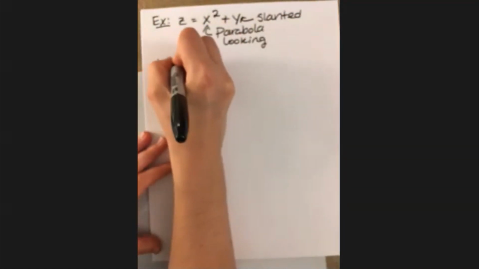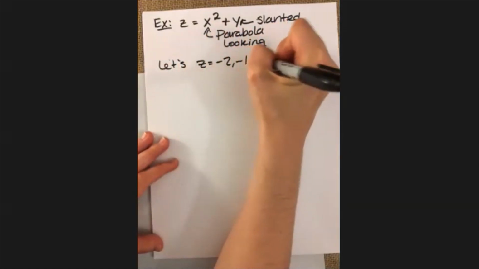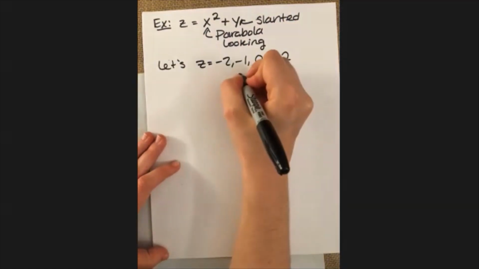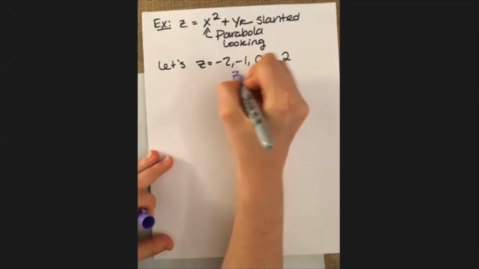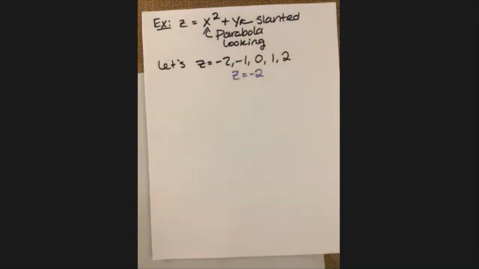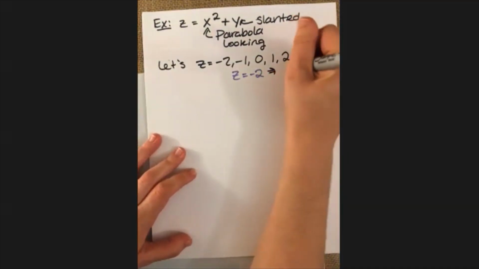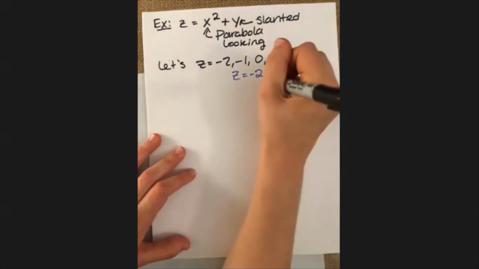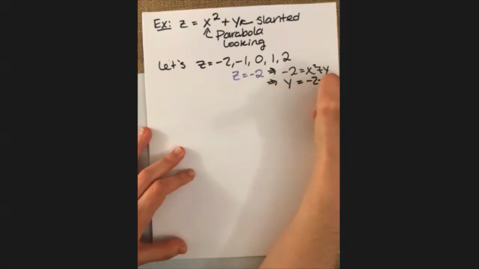But we're going to do this primarily algebraically, meaning that we're just going to start with z equal to, let's say, -2, -1, 0, 1, and 2. So if we start with, say, z equals -2, plug that in, we're going to get the equation -2 equals x squared plus y, which we can rearrange into a function we're more comfortable with, y equals -2 minus x squared.